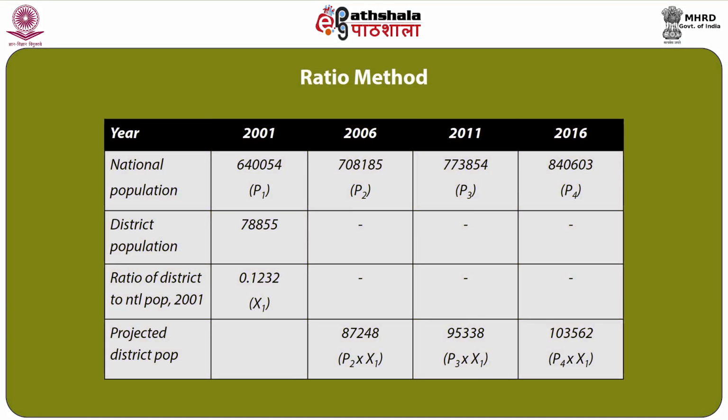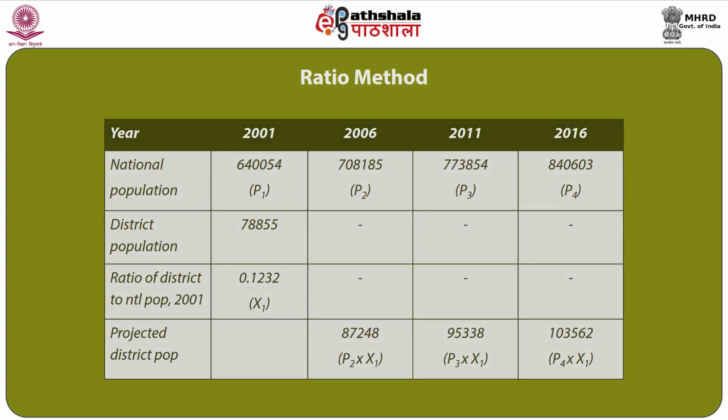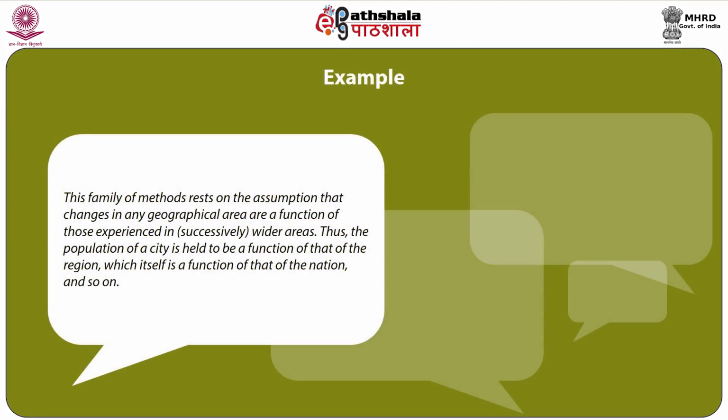The table depicts clearly the national population, next the district population, then the ratio of district to national population, and the projected district population over a period of 2001, 2006, 2011 and 2016, and how the projected district population is expressed in terms of the population sizes. Let's discuss it with another example.